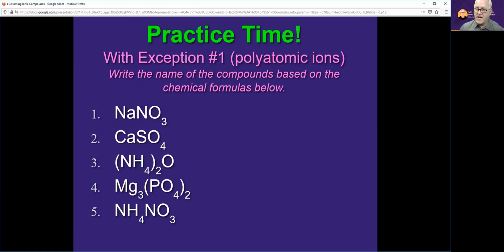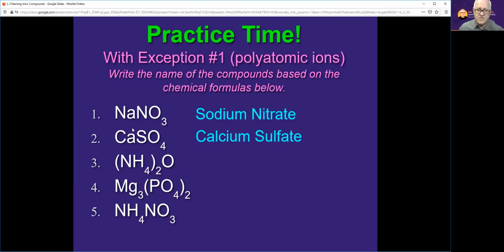All right, welcome back. Let's see how you did. NaNO3. That is sodium nitrate. Na, sodium, NO3 is nitrate. Next one is calcium.